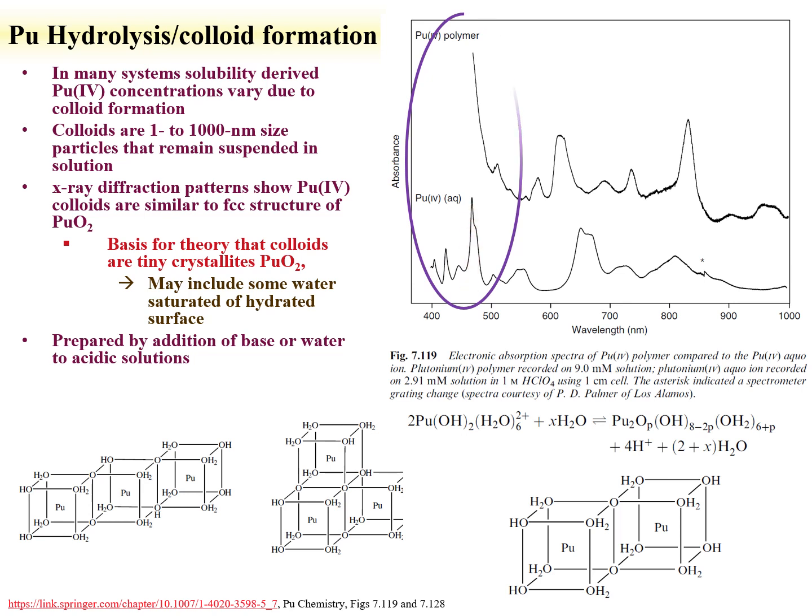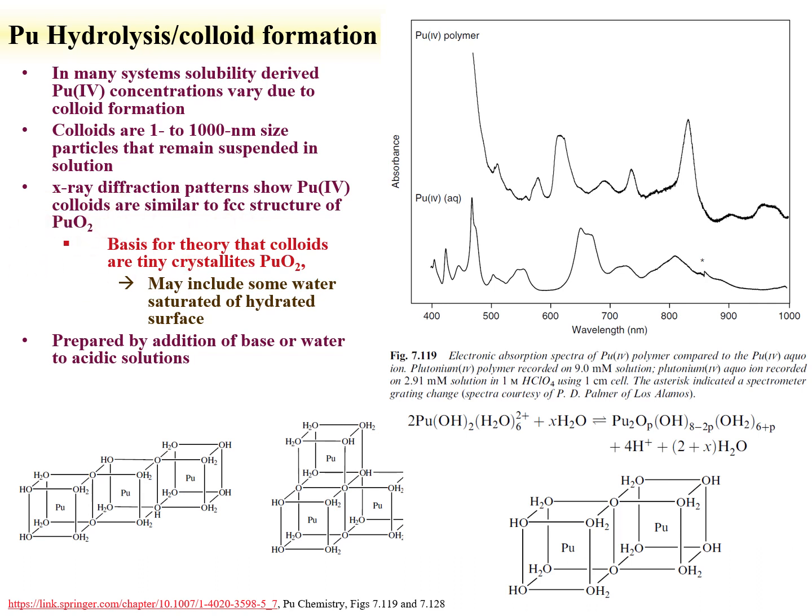So these colloids in solution can be thought of as extended hydrolysis products, actually extending all the way down to the dioxide. These particles are between 1 and 1,000 nanometers in size, depending upon the route of the experiment. X-ray diffraction shows that these plutonium-4 colloids are similar in face-centered cubic structure to plutonium dioxide.